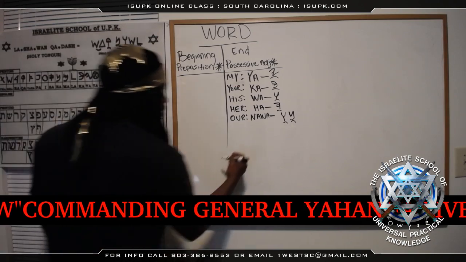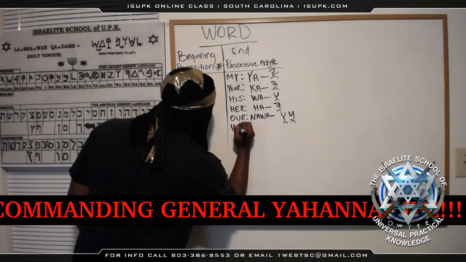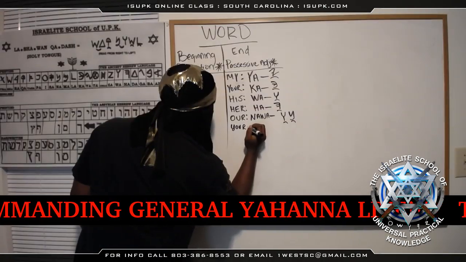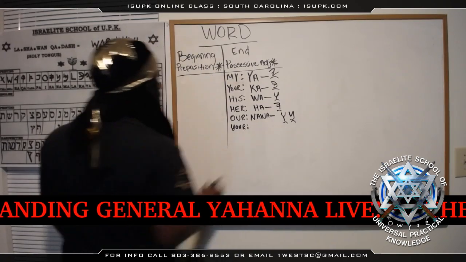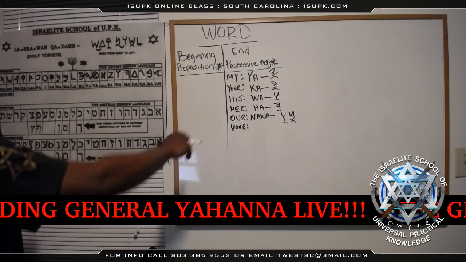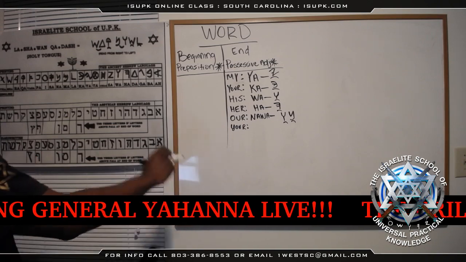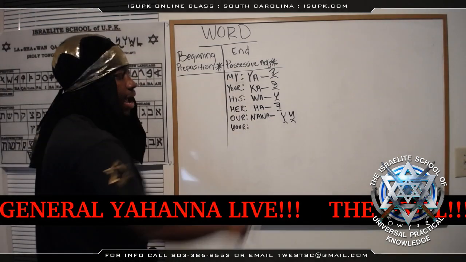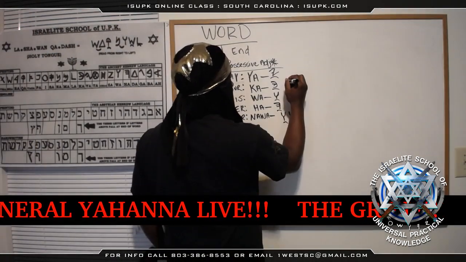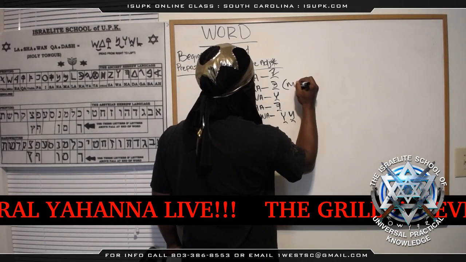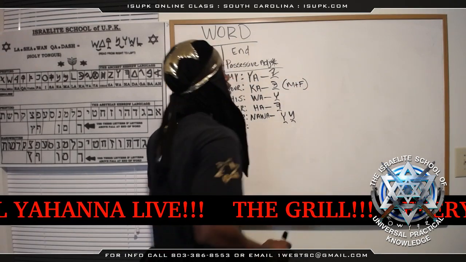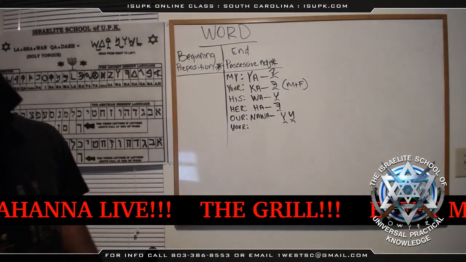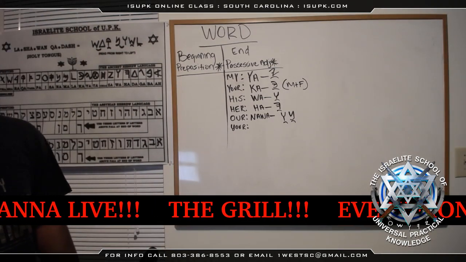Next we have your. And I'm going to write off to the side because we have your again, because there's a your that's masculine and feminine. Ka is masculine and feminine.